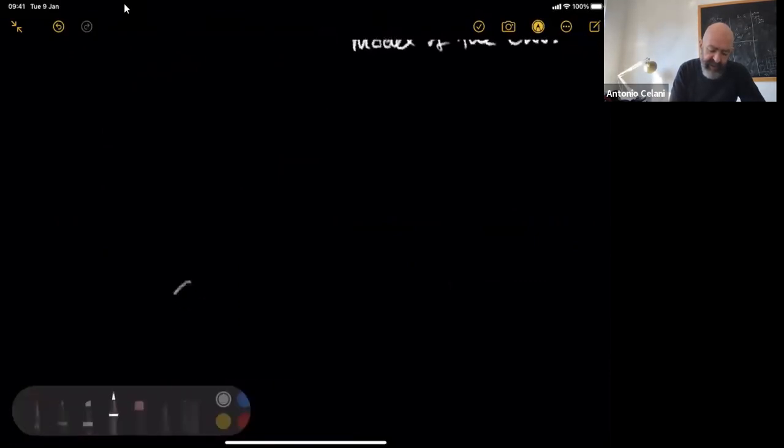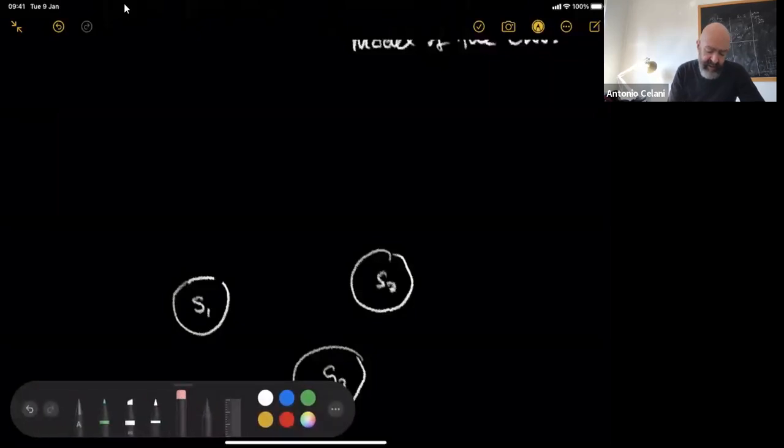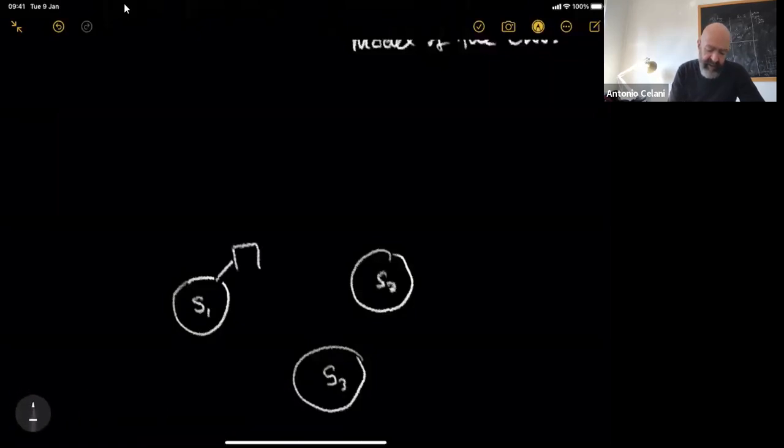So one way to graphically represent this information is to think of your system as a set of states, which you can depict by circles. So these are my states: state 1, state 2, state 3. And then from each state, I can take a set of possible actions.